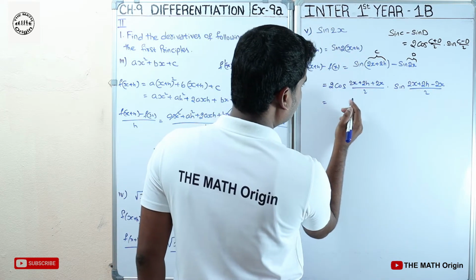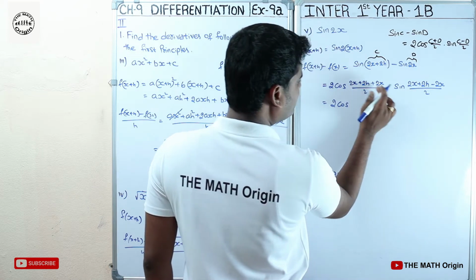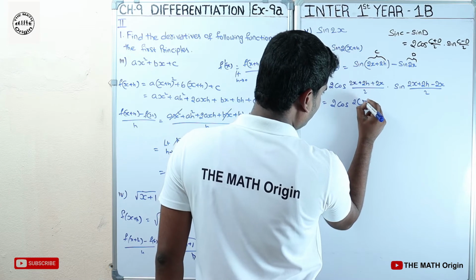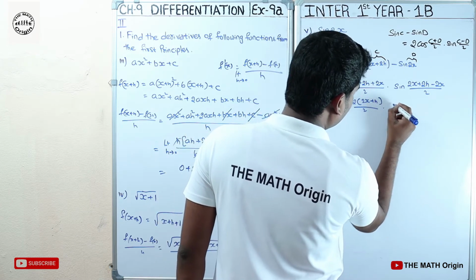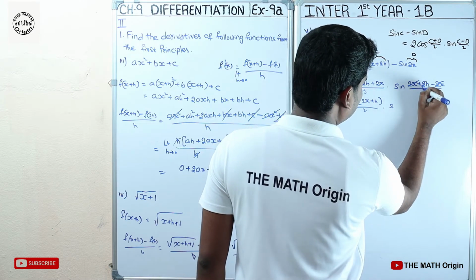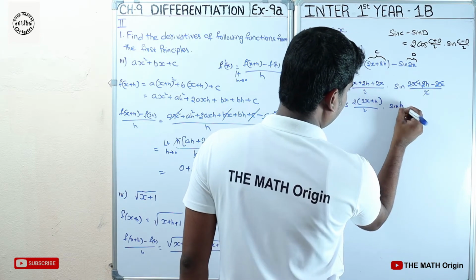Therefore that is equal to 2 cos of (4x plus 2h) by 2, taking 2 common, it will be 2x plus h, into sin h, since 2x is cancelled and h by 2 with the 2 is cancelled.